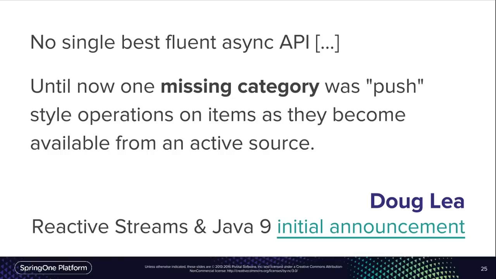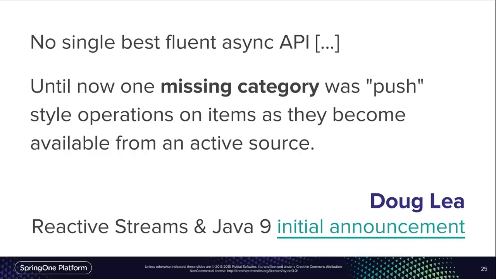And again, this is from the initial announcement from Doug Lea of incorporating Reactive Streams into Java 9. That does not mean that we're waiting for Java 9. Reactive Streams as a specification was completed about a year ago.